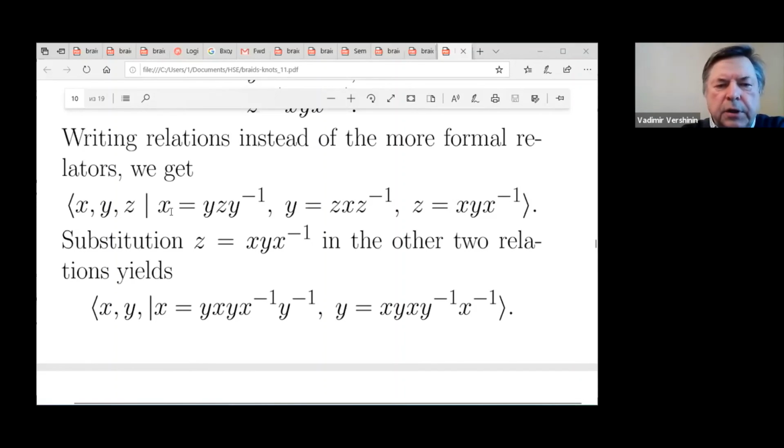We apply a transformation, but you may not use this term, we are using evident transformations with our presentation. So you put X equal to this one, and you put in two other relations.